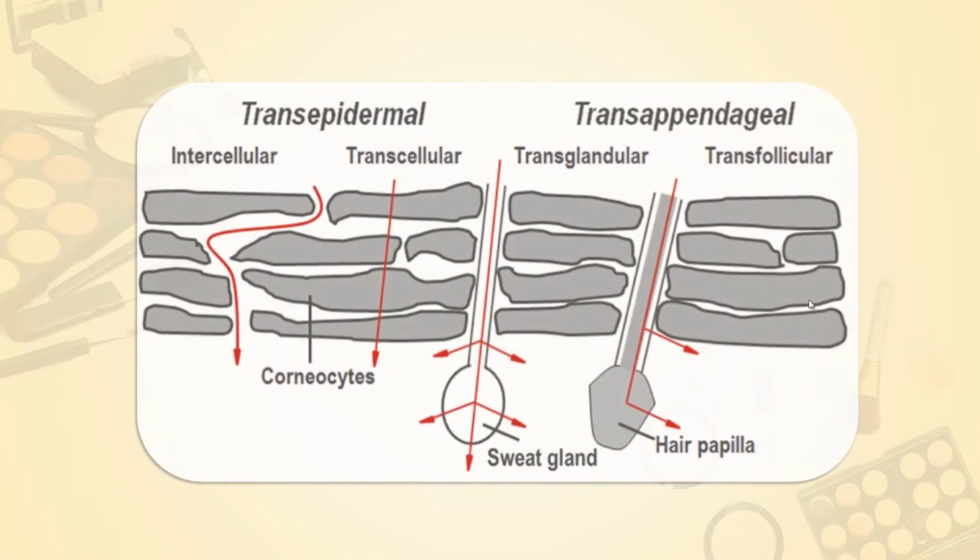Now, routes of skin penetration. What are the different routes? We will see the diffusional routes to penetrate intact skin. There are two types of routes, the transappendageal route and the transepidermal route.